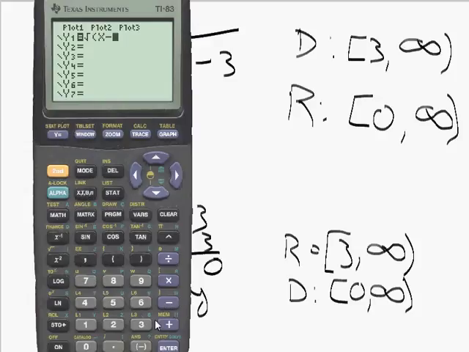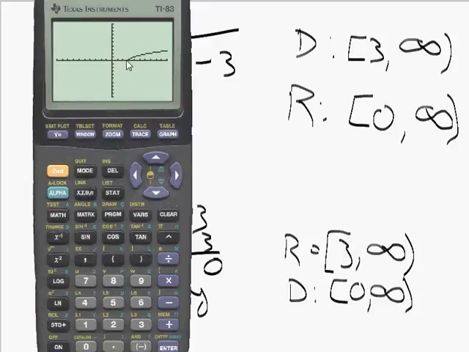Only these y values that we get from 0 on can be part of the domain of the other function. The reason why is we need to be able to compose these two together. So if we start plugging in negative values, weird things can happen.